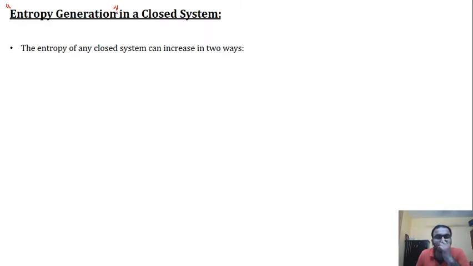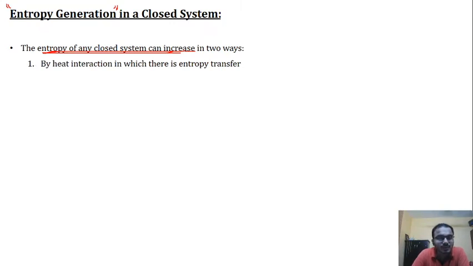Now there are two ways in which the entropy of a closed system can increase. The first way is by heat interaction, in which there is an entropy transfer, the same thing we have discussed in our previous topic, that is, application of Q, that is heat interaction, will have transfer of entropy.